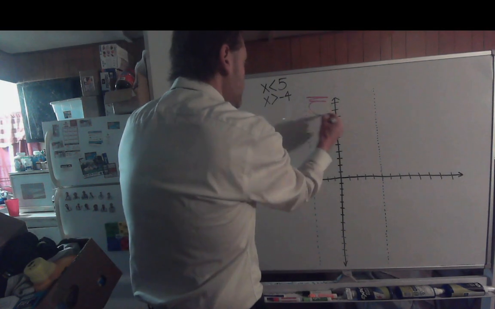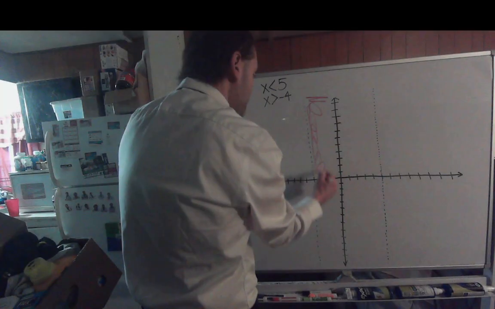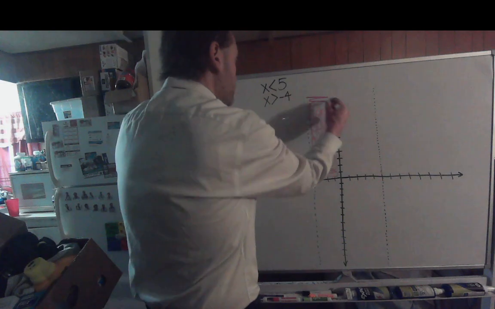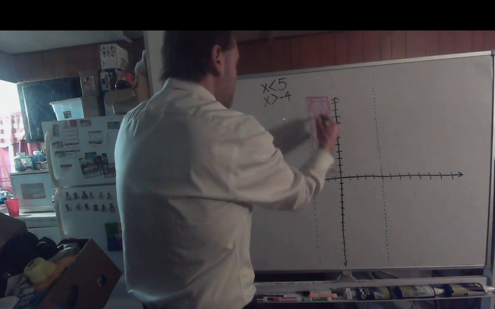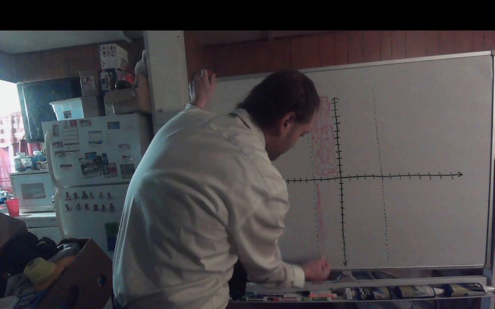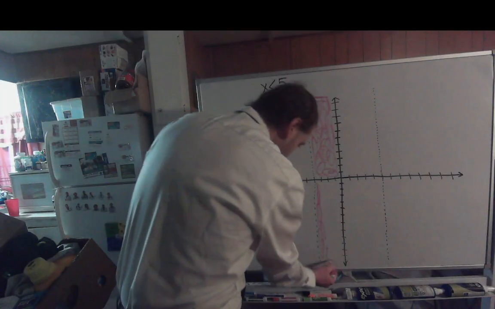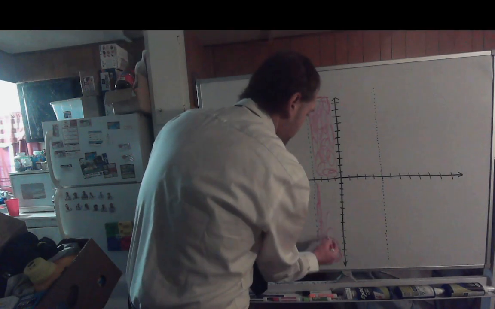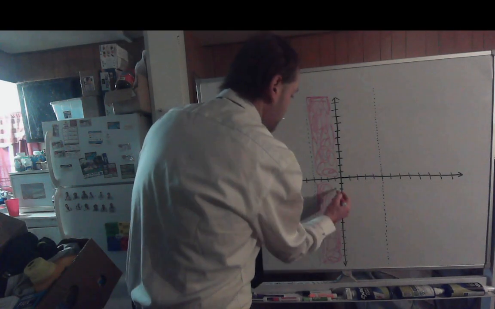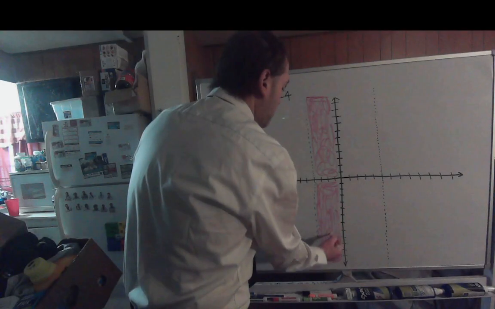So what you'll do then is you're going to shade the region between here. And I'm going to try not to destroy my coordinate plane. So I'm just going to shade the region that reflects both of those, because you want to shade for all values.